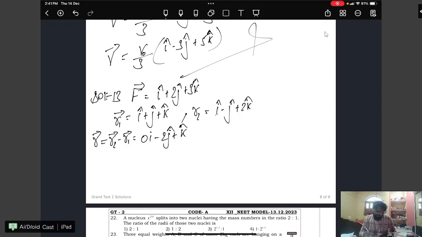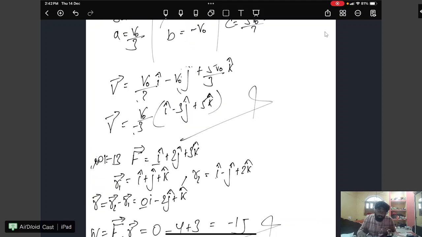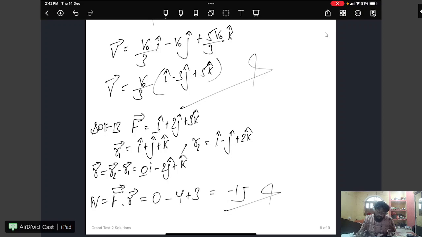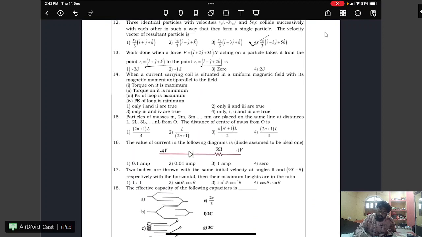Work done will be F vector dot R vector, dot product: 0 multiplied by 1 is 0, minus 2, plus 2 minus 4, 1 multiplied by 3, so minus 1 joule, option 2. Okay, in your answer sheet what is the answer given? Question number 13, option 2, correct? Option 2.